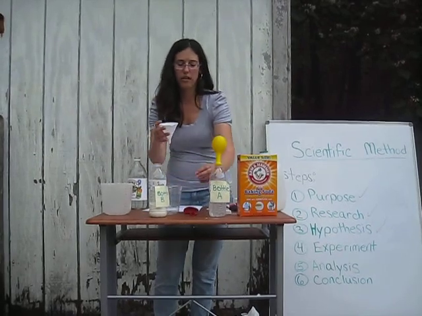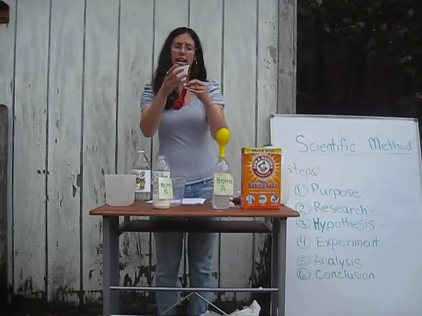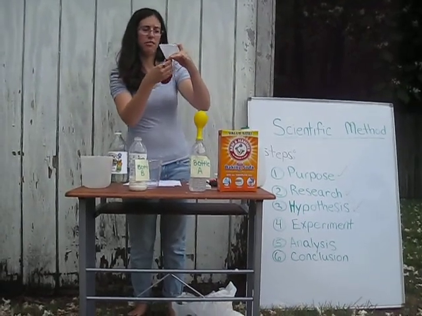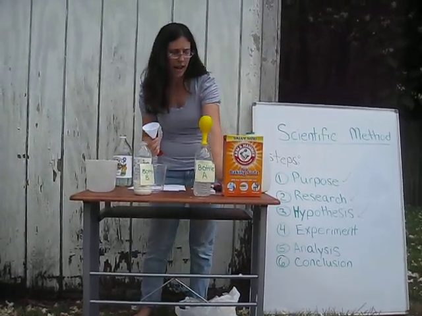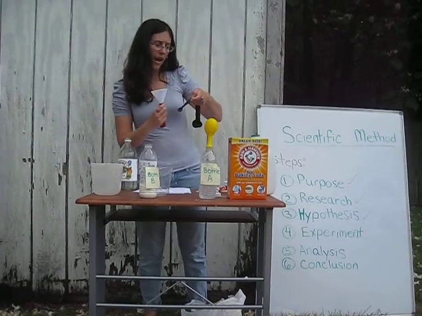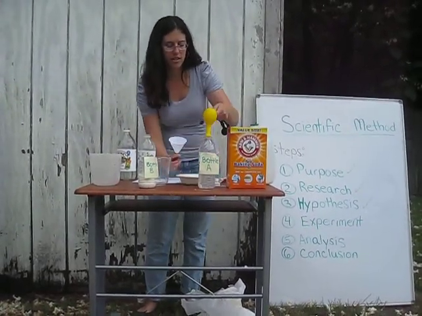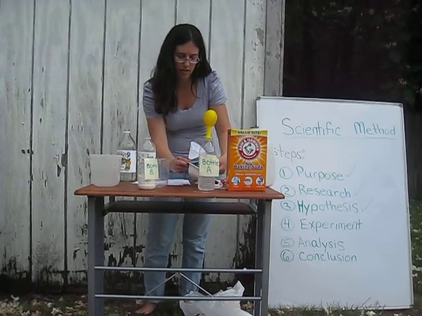You're going to take your funnel. You're going to take the second balloon, put the second balloon onto the funnel, hold it on tight. Again, take the 1/2 teaspoon, the measuring spoon that says 1/2 teaspoon, and fill it with baking soda.